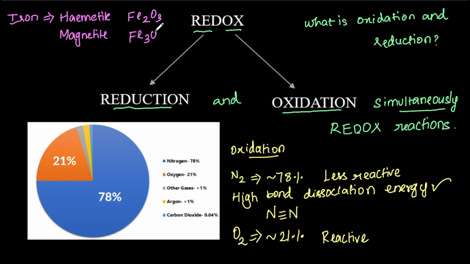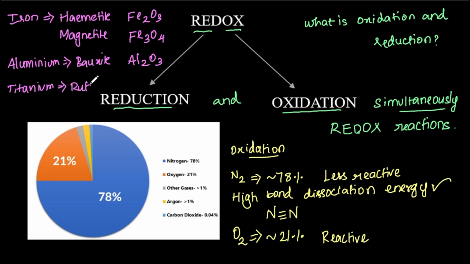Aluminium exists as bauxite, Al2O3. Titanium exists as rutile, TiO2. So oxygen reacts with almost all the elements and especially metals.